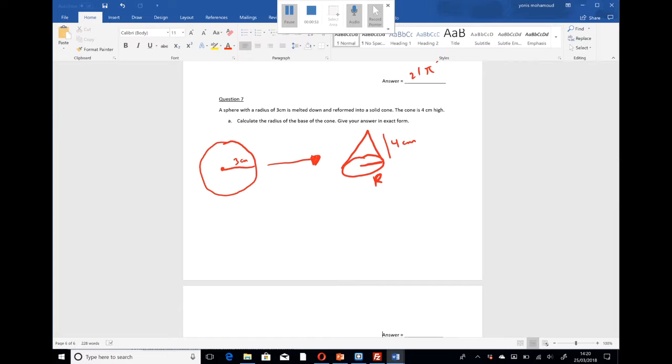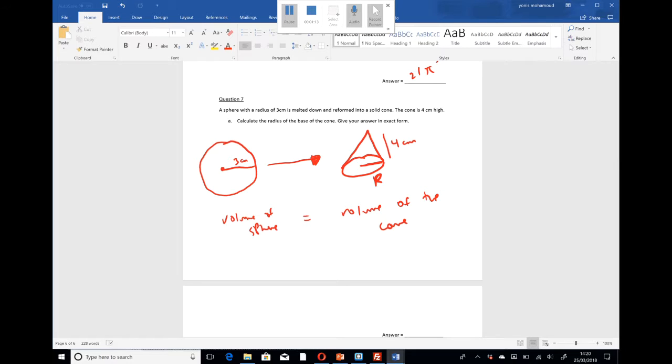The first assumption we're going to make is because we have a shape which is going to be melted down to another shape, we can safely say that the volume of the sphere will be equal to the volume of the cone. That's because we're using the same material.